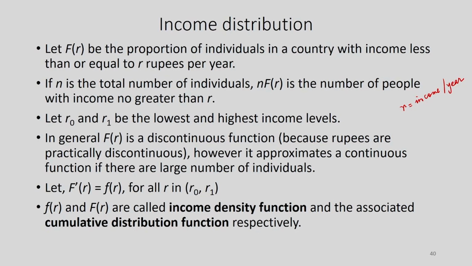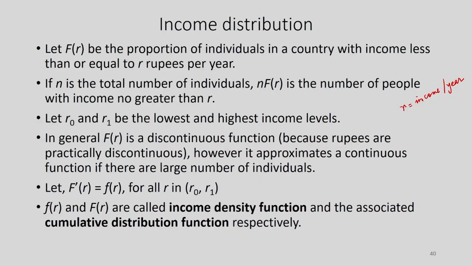To give you an example, suppose someone says that in India, 60% of India's population have an income which is less than 1 lakh rupees per year. Suppose that is the statement. In that case, here F r will be like 0.6, 60%, and R here is 1 lakh.